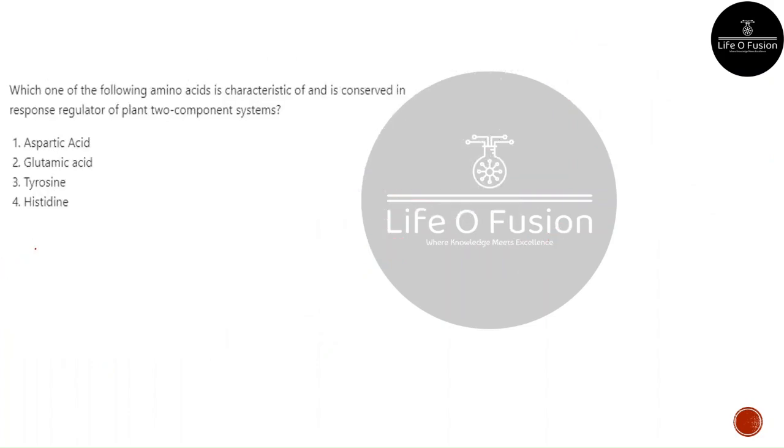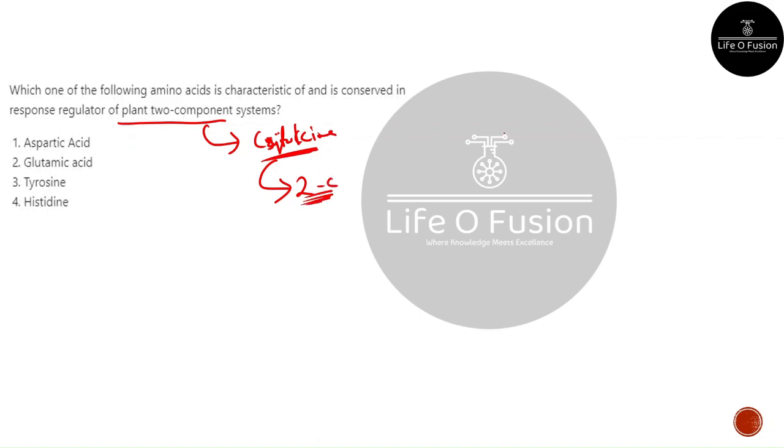So next question: which one of the following amino acids is characteristic of and is conserved in the response regulator of the plant 2 component system? Plant 2 component system, if you read plant hormone, cytokinin. The plant hormone cytokinin exerts its effect on genes via a 2 component system, like the bacterial 2 component system.